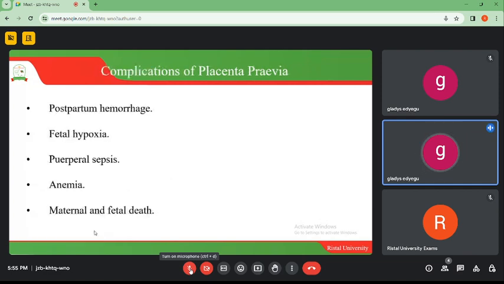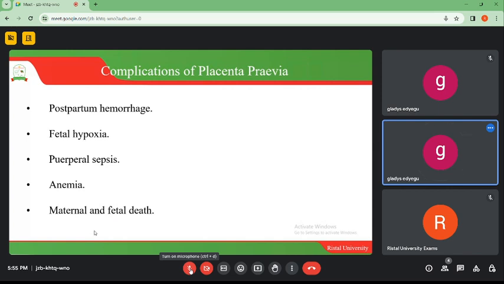So what can be the complications? Having talked about placenta previa being an emergency obstetric condition that has affected our babies and our mothers, we also have its complications, and so we have postpartum hemorrhage, always in APH.